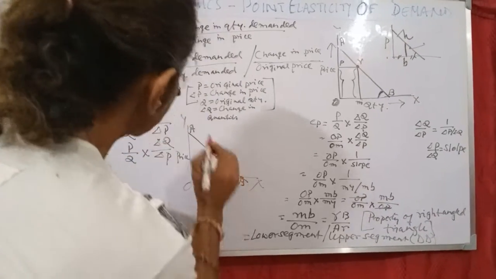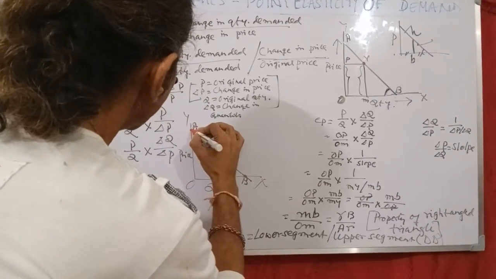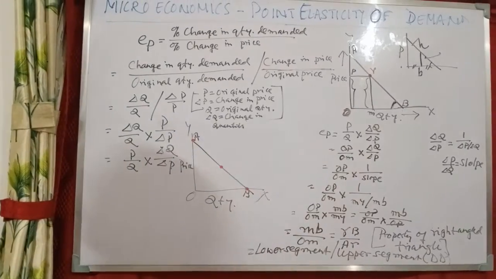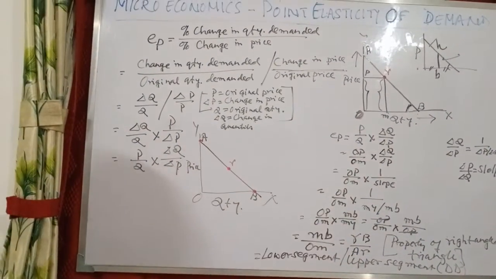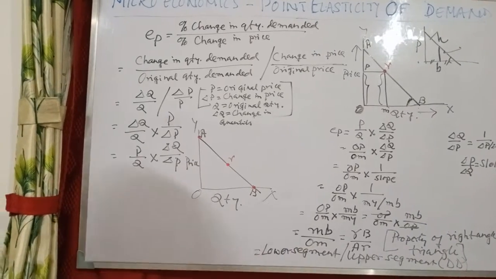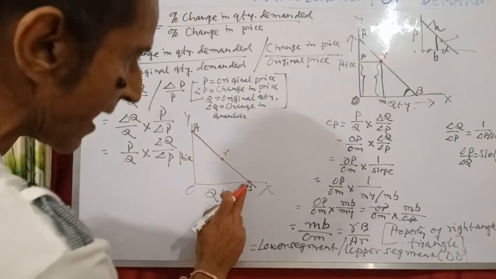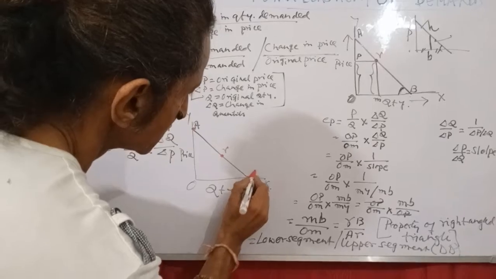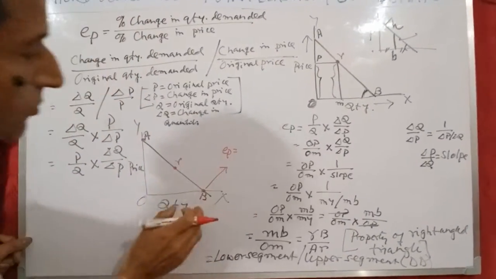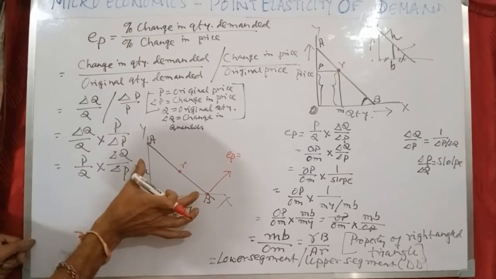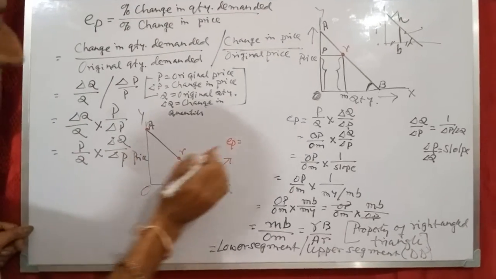These are two extreme points of the demand curve, A and B. Say this is R. At point B, EP equals lower segment by upper segment, that is 0 by AB.